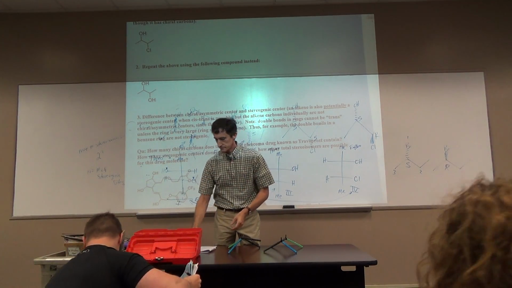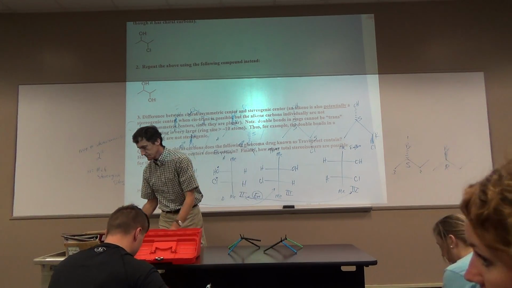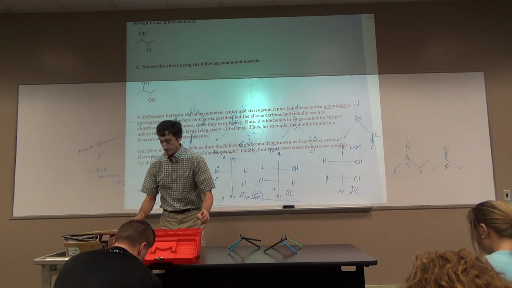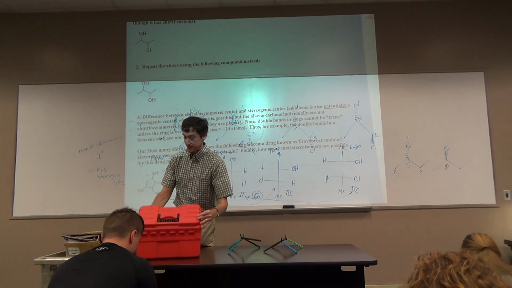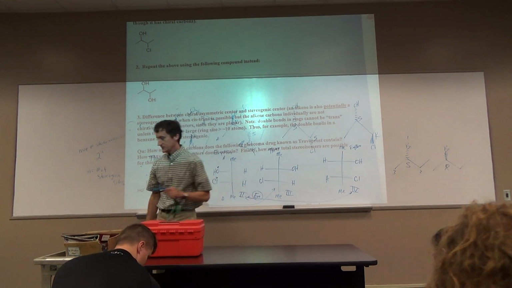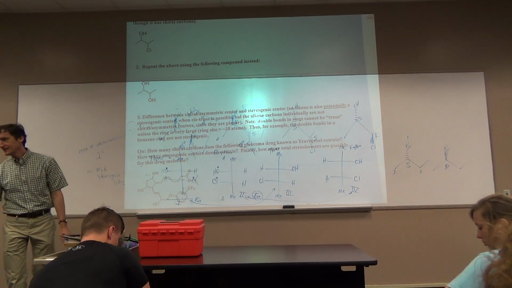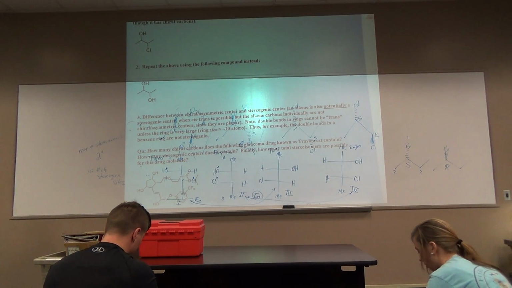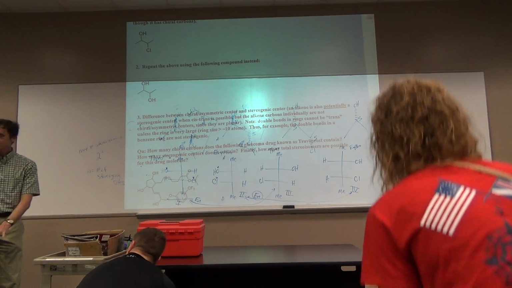Do you want us to not do that based on... That one will have meso. We'll need to introduce meso. We don't know what that is. Meso is a compound that has chiral carbons, yet as a whole it's not chiral.